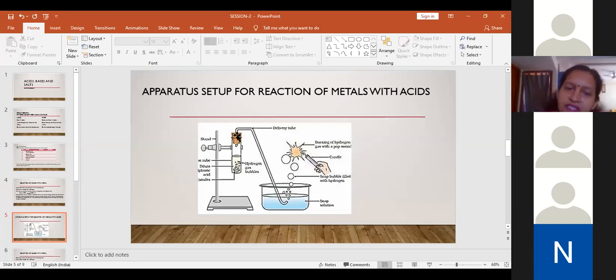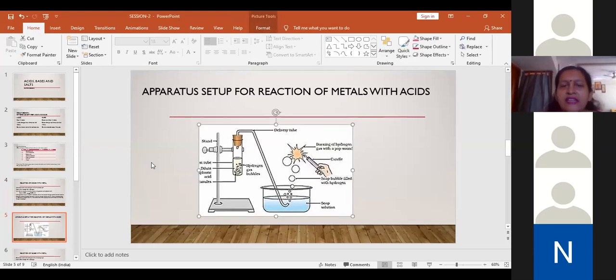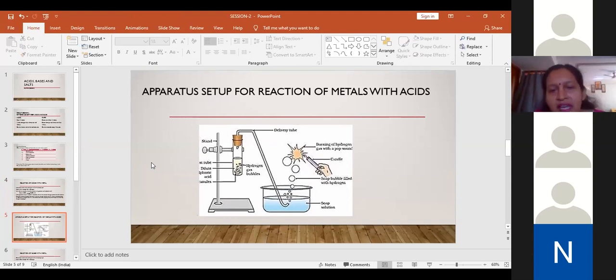Now the mouth of the test tube is closed with a cork which has a single hole from which a delivery tube is passed. The role of the cork is that it will not allow the hydrogen gas to just escape from the test tube just like that.